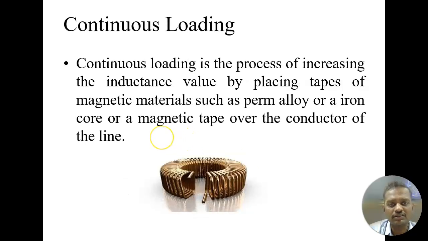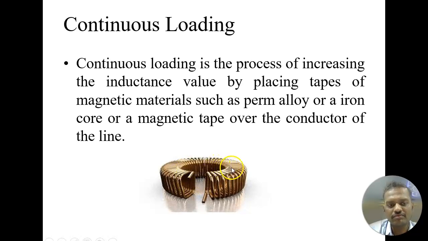Next is continuous loading. Continuous loading is done by placing tapes of magnetic material, such as permalloy or iron core, over a transmission line. You could see that here it is like a loop of coils, wound around our transmission line.